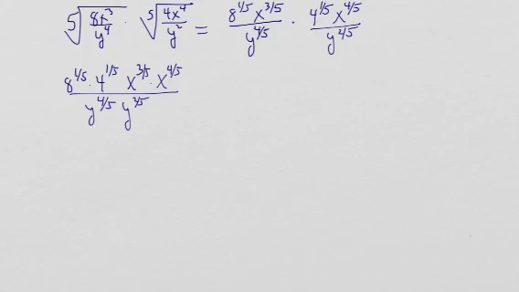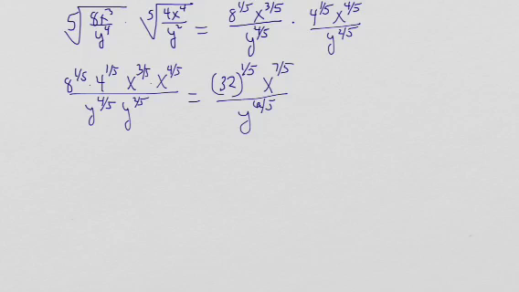So now I can combine my factors. That gives me 8 times 4 is 32, so that is 32 to the 1/5, and then I have x to the 7/5 all over y to the 6/5.